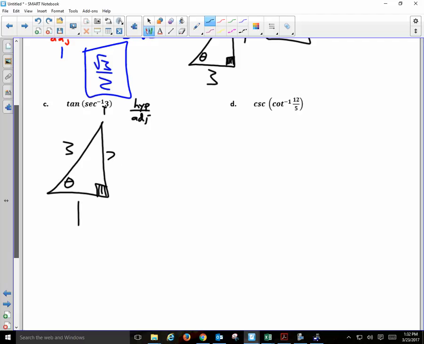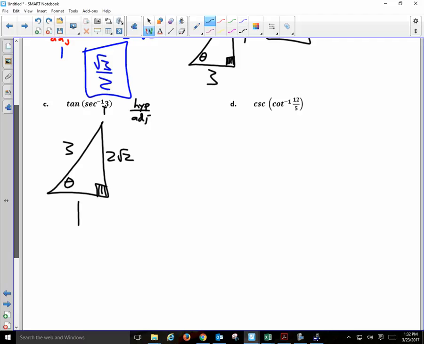Square root of 8, or 2 roots of 2. Well, SOHCAHTOA: cosine is adjacent over hypotenuse, right? Secant is going to be the reciprocal of that. A squared plus B squared is C squared. Pythagorean theorem.